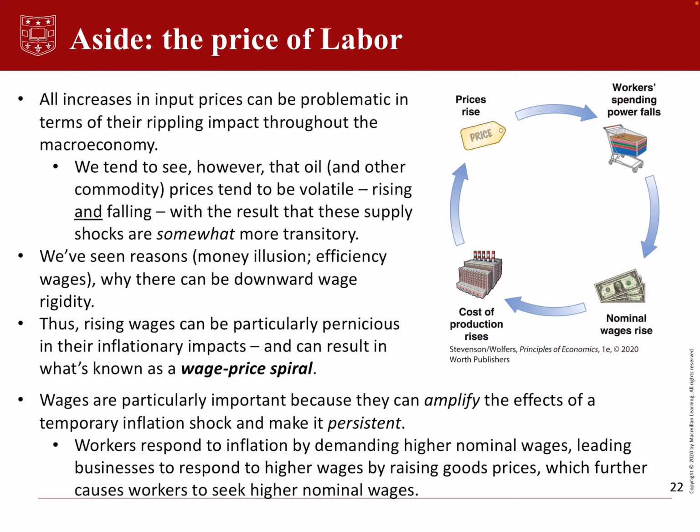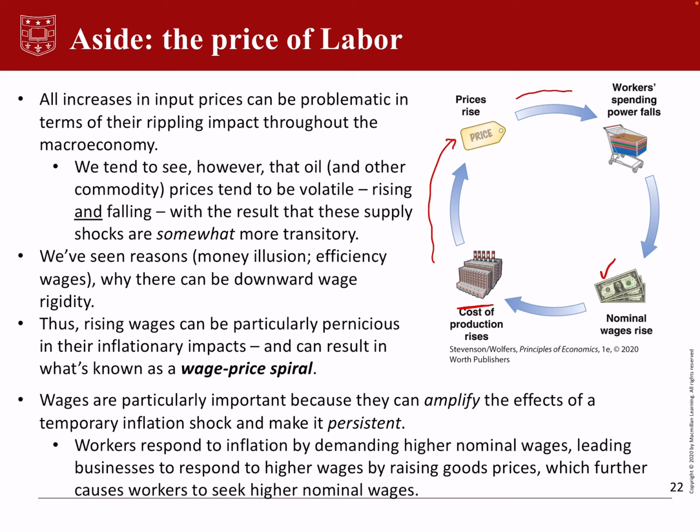So, the illustration in the textbook, it almost doesn't matter where you start, but we'll start here. Suppose it's the case that for whatever reason, wages rise. That raises, of course, firms' cost of production. They're going to feed that through in the form of higher prices to final goods products.